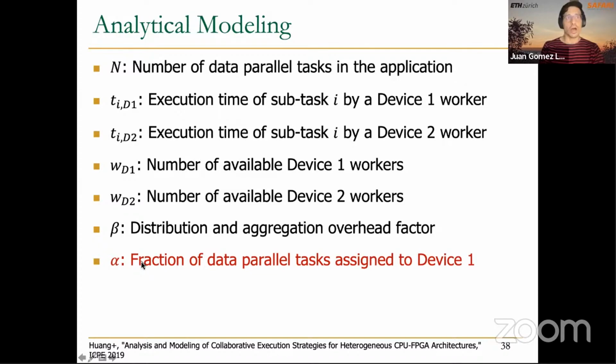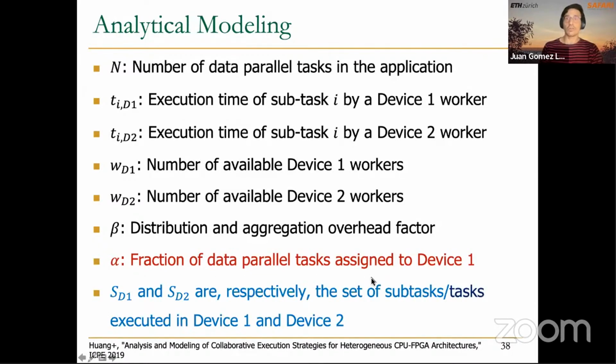We are going to call alpha the fraction of data parallel tasks assigned to device 1. And in the case of task partitioning, what we have is a set of subtasks or tasks that are assigned to device 1 or device 2.